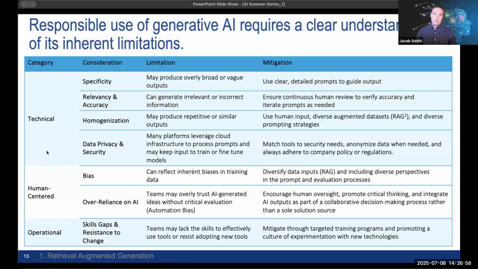So the outputs of the models can actually be biased themselves, and it's something to keep in mind. And in order to mitigate that bias, having the human in the loop, making sure you're using data that you trust as part of the input, and including more diverse perspectives as you think about prompting and evaluating your outputs is really key here.